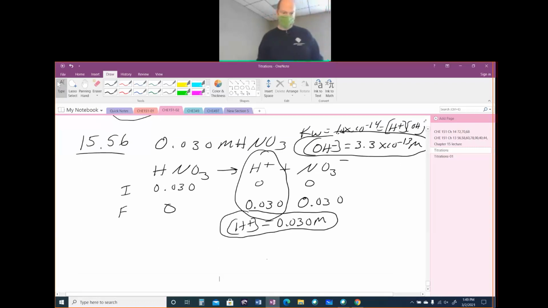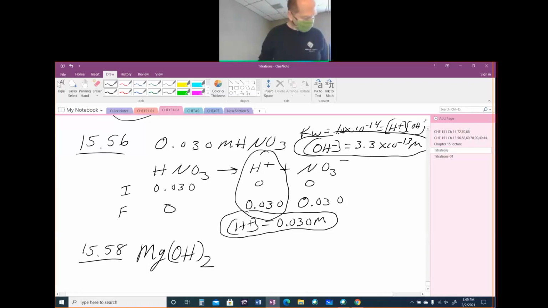58. A saturated solution of magnesium hydroxide. Okay, so we have magnesium hydroxide. All right, and it has 3.2 times 10 to the minus 4 molar Mg(OH)2.